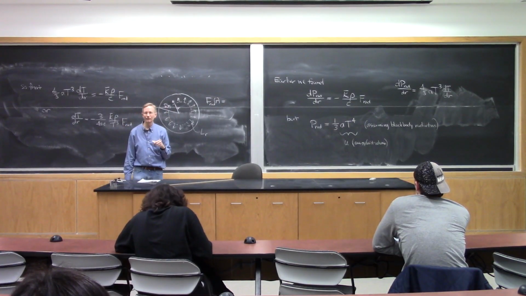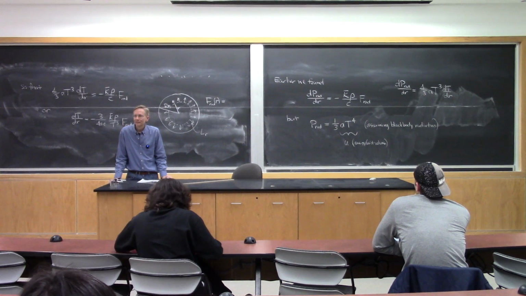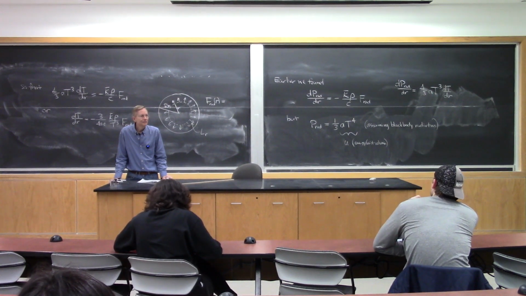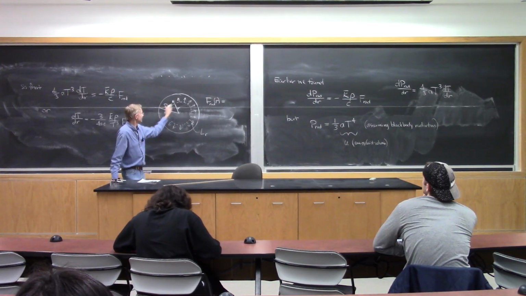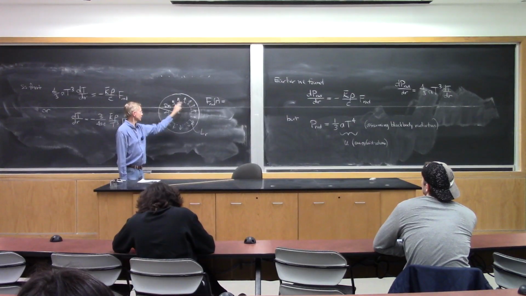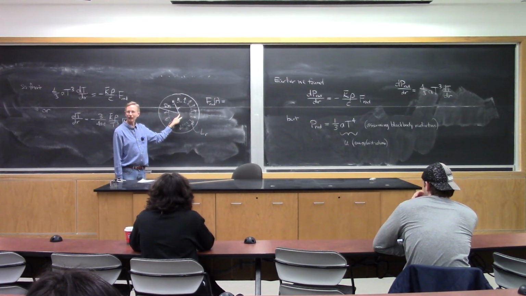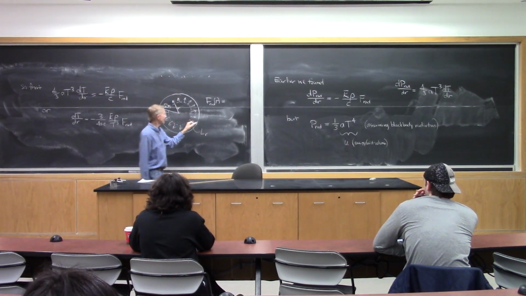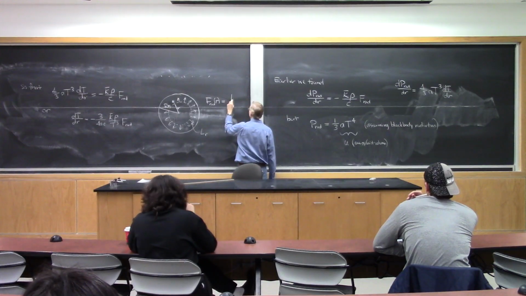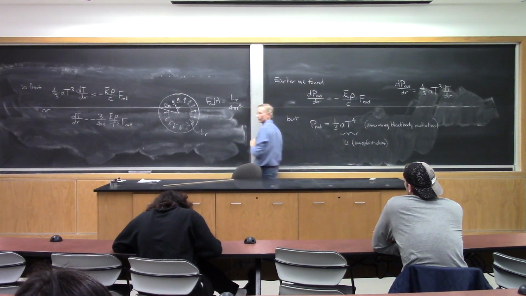What do I need to know about that surface to get the watts per square meter out of it? The area, right. And what is the area of this surface inside the star of radius r? Like any self-respecting sphere, it's 4 pi r squared, right? So F_rad as a function of r is L sub r over 4 pi r squared.